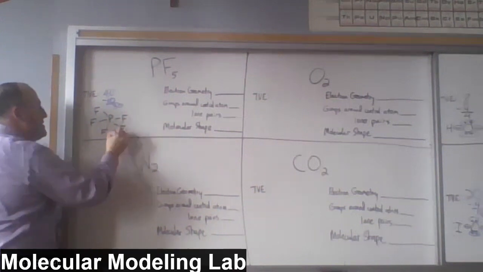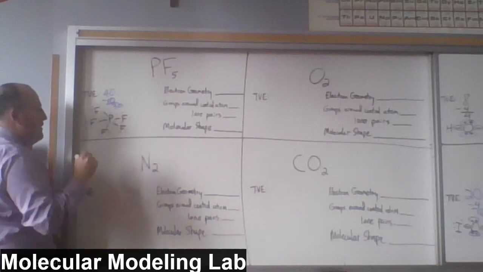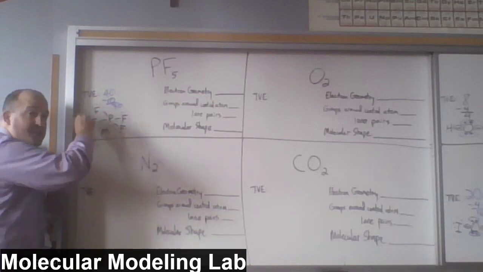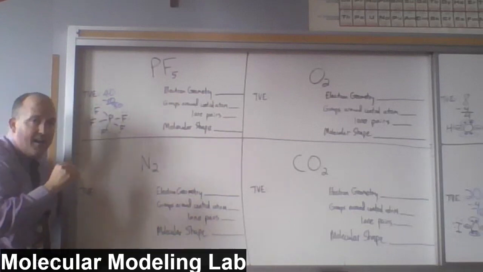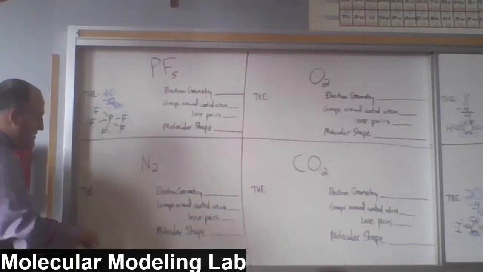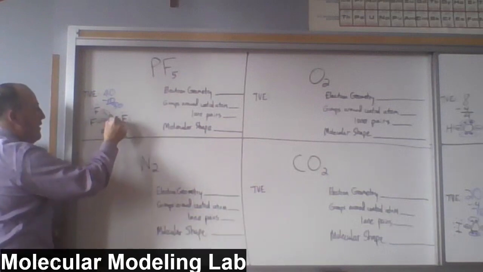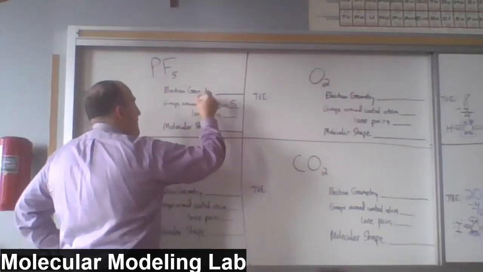Each of the fluorines gets 6 so that they follow the octet rule. The satellite fluorines have spoken for all 30 of the leftover electrons. Now, 2, 3, 4, 5 electron groups.